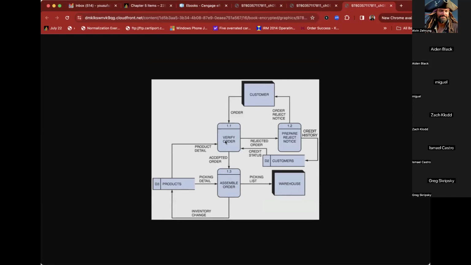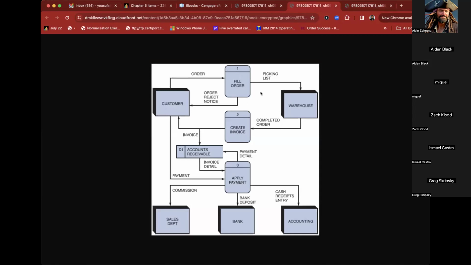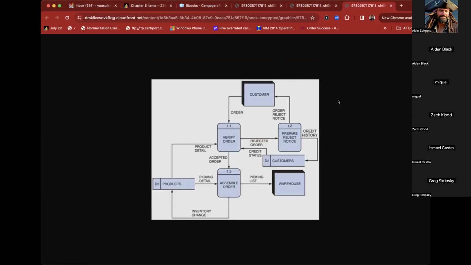Now you start numbering it like this: 1.1, 1.2, 1.3. What does that mean? The first number represents the upper level. The second number represents the breakdown of that upper level. So these are the 3 components of that upper level process, which was called fill order. These are the 3 main things in the fill order.